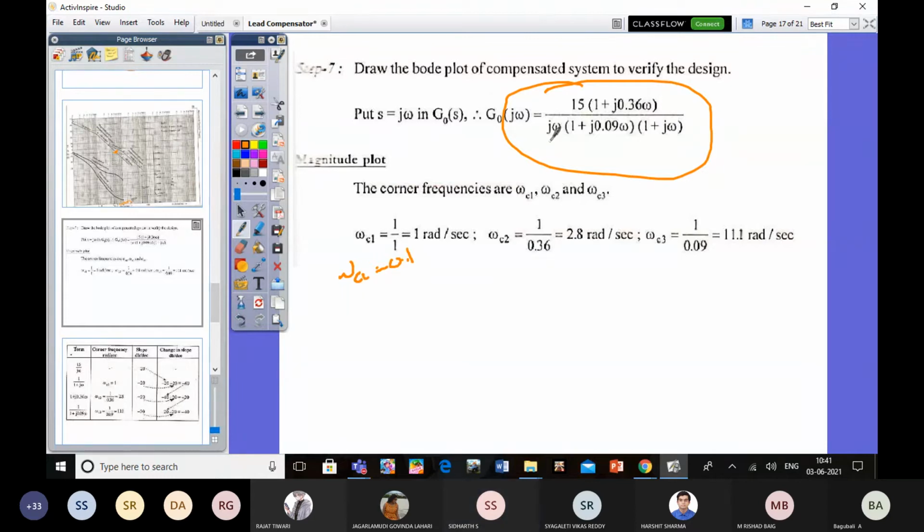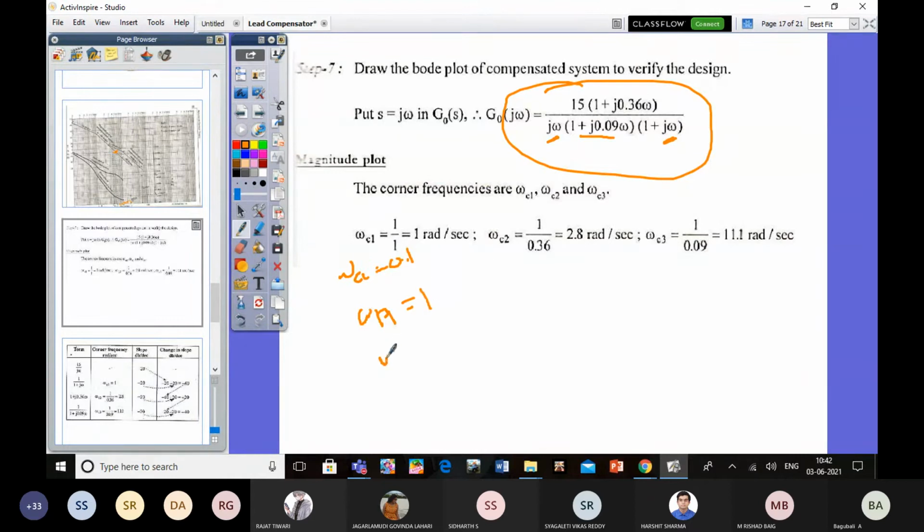So here omega will be lying in the horizon, and 0.09 T will be 11.1 radians per second. 1 plus j omega, the frequency will be 1. So we have to consider omega p1 for understanding, to draw the approximate slope. Omega p1 is 1 radian per second.